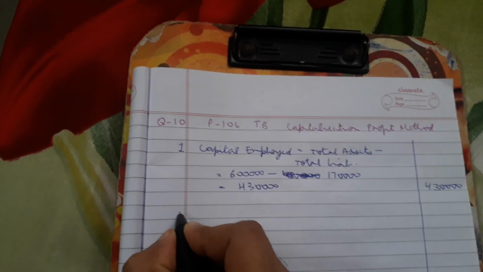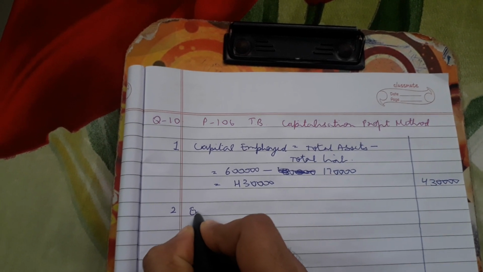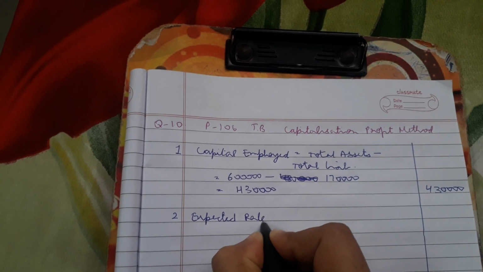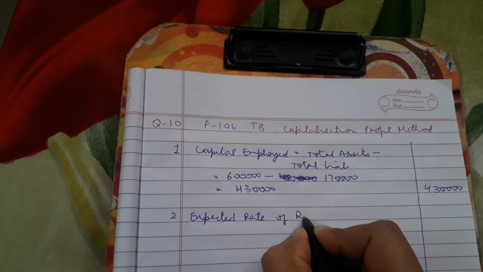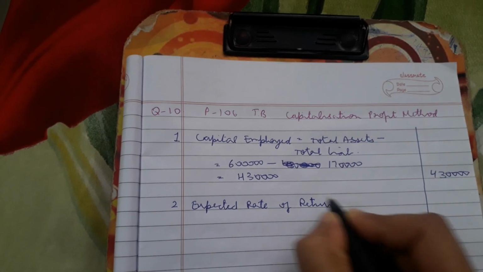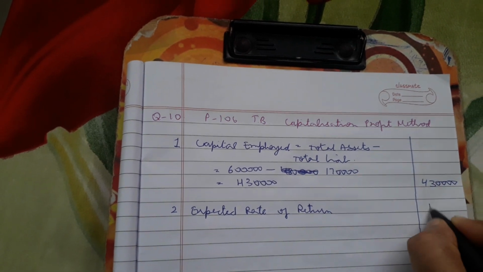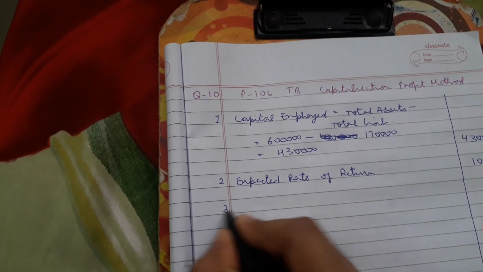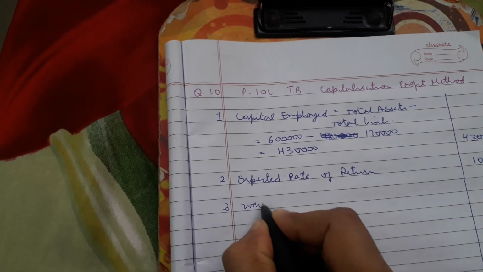Second is expected rate of return, which is given as 10% in the question. Third point, we have to find out weighted average profit.